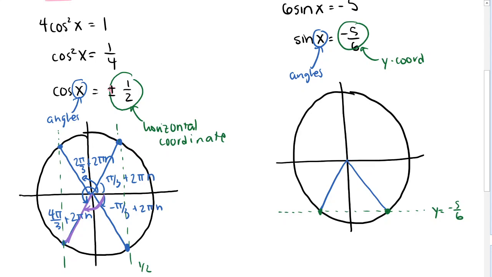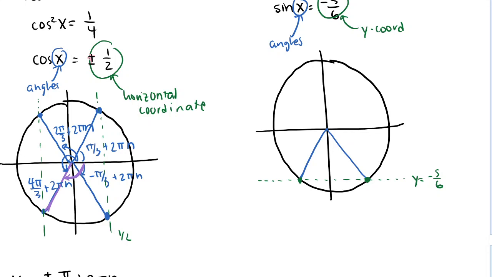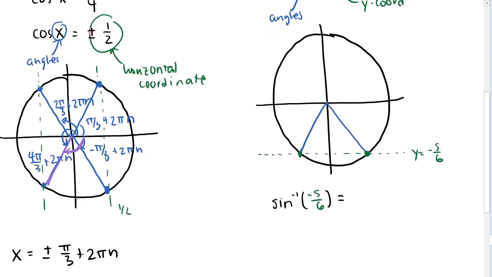Well, negative 5 over 6 is not one of our special side lengths of a right triangle. And so this is not something we can do without the help of a calculator. So here we need to use inverse sine to find one such value. Sine inverse of that side length, negative 5 over 6, is going to give us back an angle between negative pi over 2 and pi over 2.